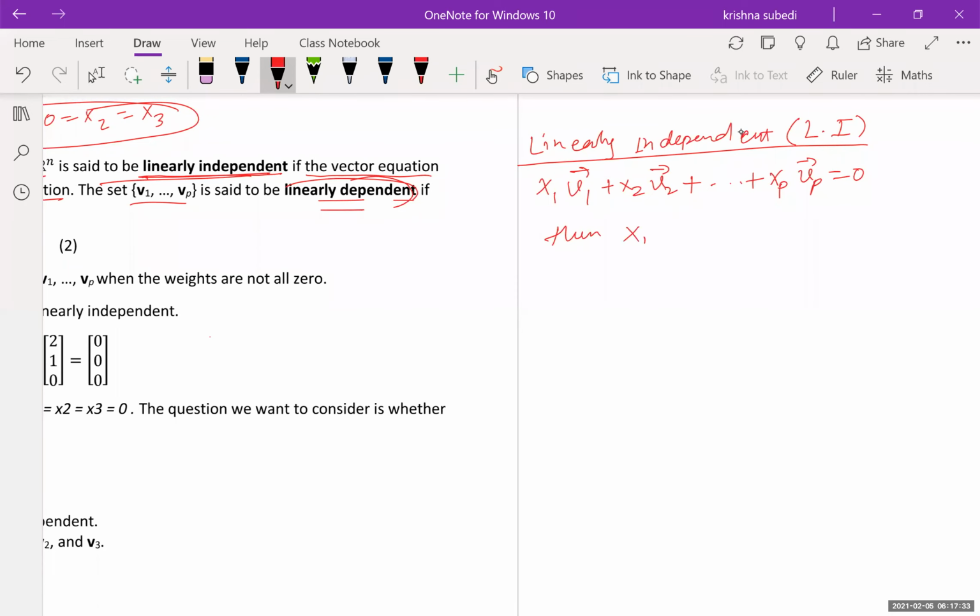That means x1 equals x2 all the way up to xp, all are 0.